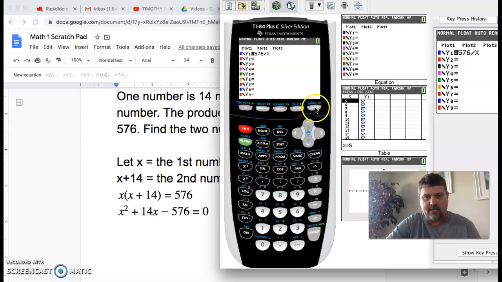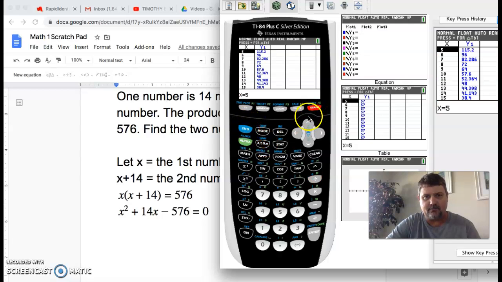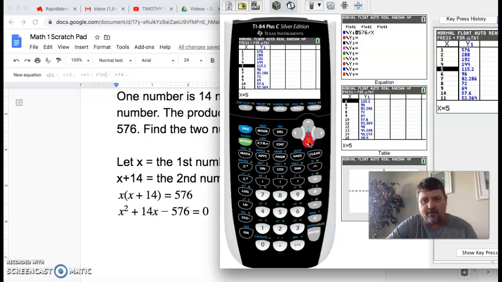And we're going to take a look at the table. And remember, every decimal we see in here is a combination that doesn't work. Like when we started 1 and 576, okay? And they're 14 apart, so you see 6 and 96 multiplies to that, but it doesn't give me what I need, and we've got to keep on going.